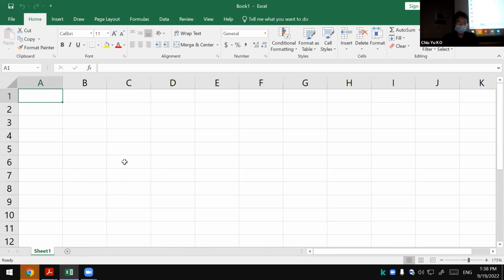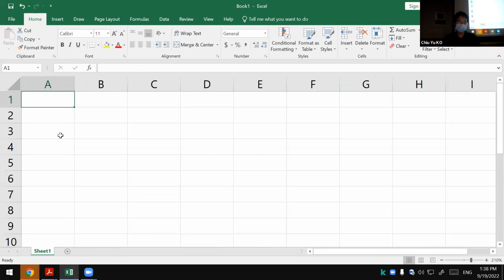This is what we call the spreadsheet package or spreadsheet program, as you can see here. What's good about a spreadsheet is you can see the data together with calculation on the same page.